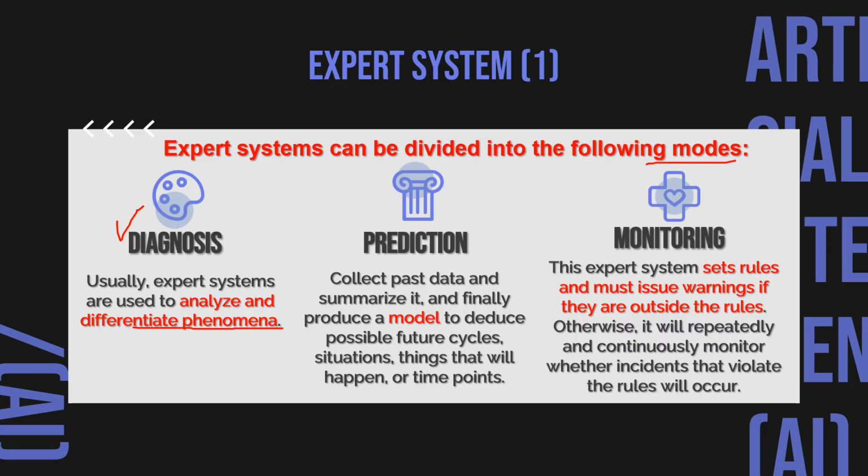The second is called prediction. For the prediction process, they will collect the past data and summarize it and finally produce a model to deduce possible future cycles, situations, things that will happen at time points.